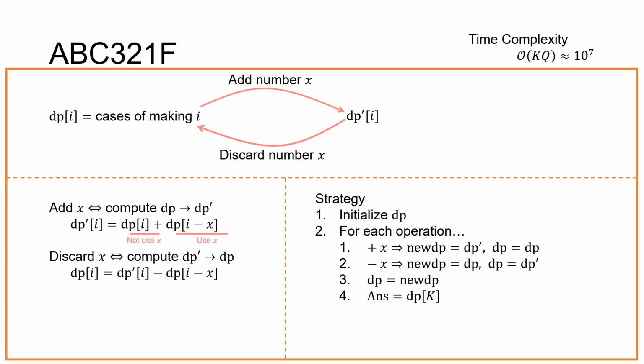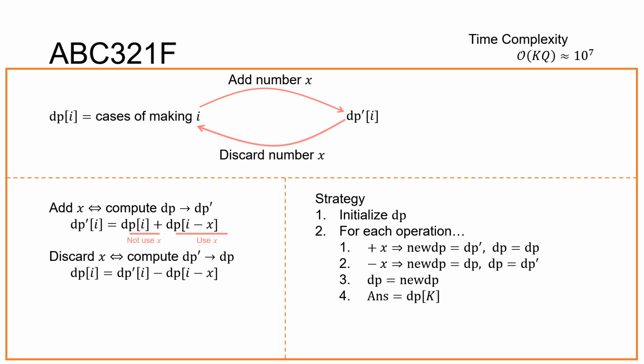Therefore, to discard x, all we have to do is compute dp from dp prime and solve transition equations for dp. So we can get transitions for discarding operation from those of adding operation.